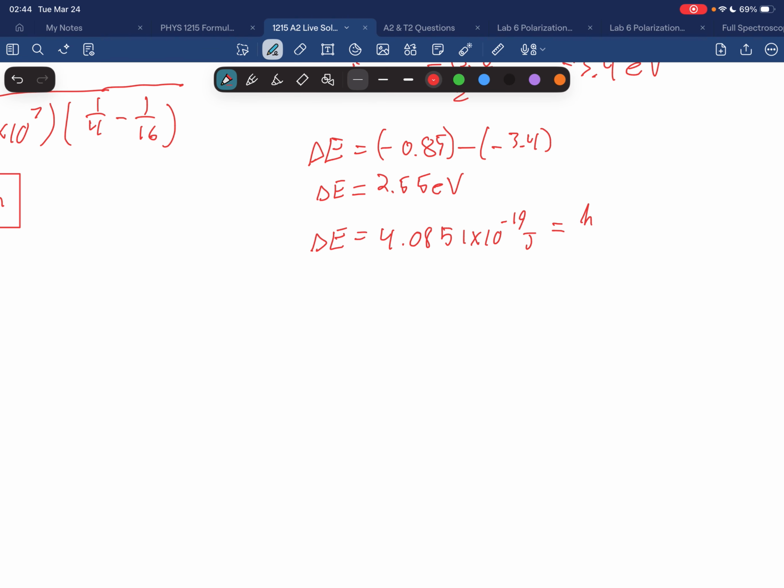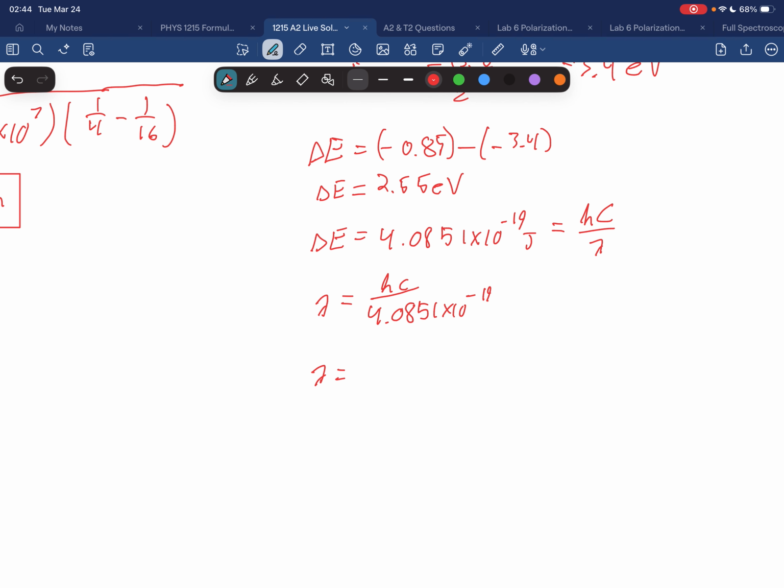And this is equal to hc over lambda. Rearranging that for lambda now, I'm going to get lambda equals hc over 4.0851 times 10 to the negative 19.